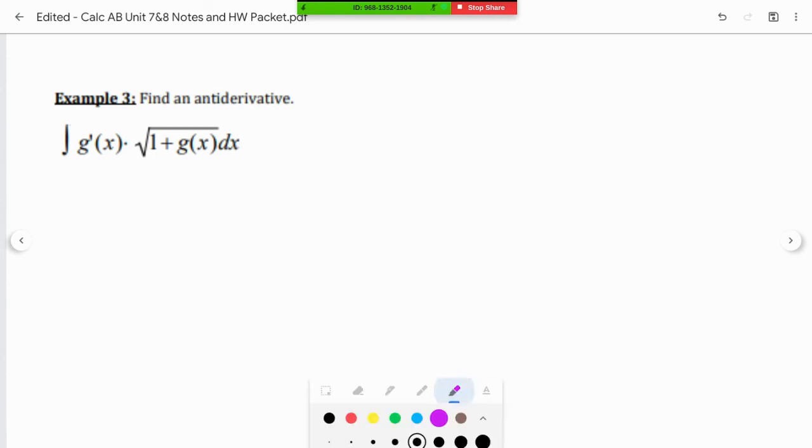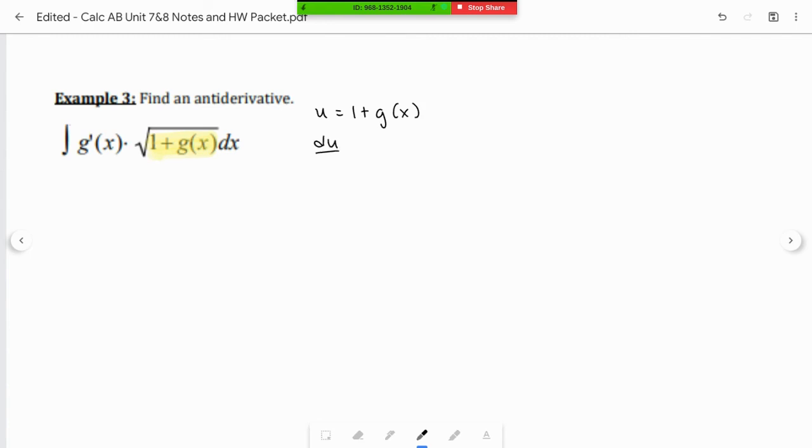So this one has that strange notation of the g primes in here with these other functions, these g of x's. And so I'm going to make my inner function, this 1 plus g of x that's beneath this square root, my u. So 1 plus g of x is u. And then taking the derivative of that, derivative of 1 is 0.